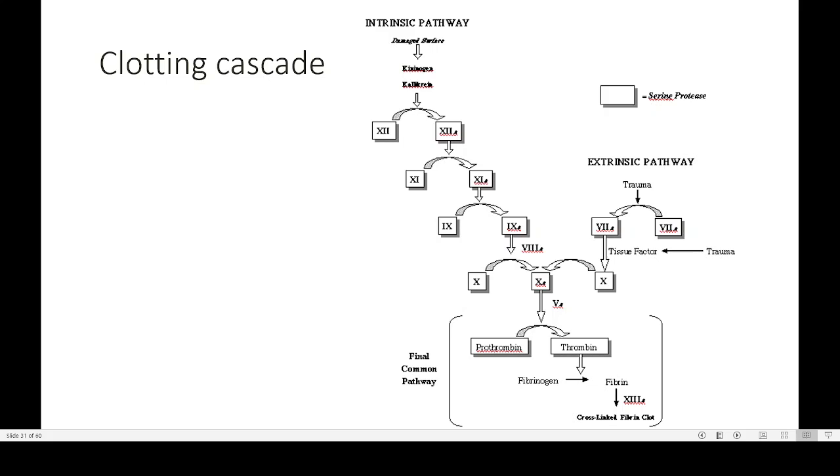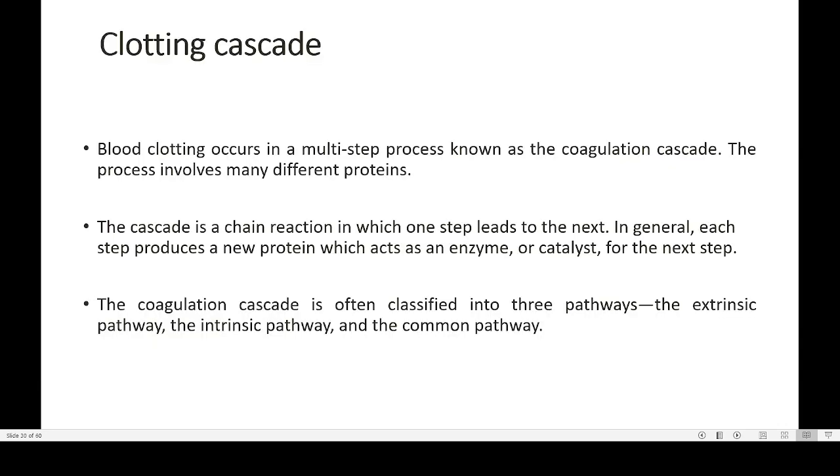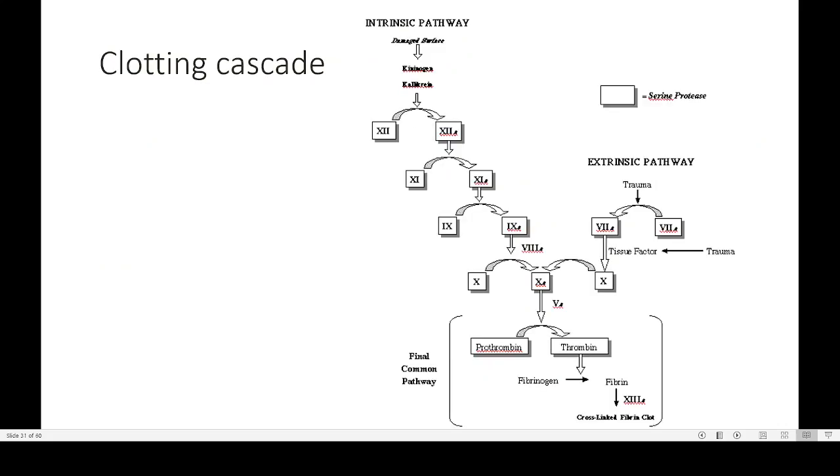See, the conversion of prothrombin to thrombin is developing from active Stewart factor, and for that another factor is also needed, that is proaccelerin, the 5th factor. So proaccelerin and Stewart factor together convert prothrombin to thrombin.